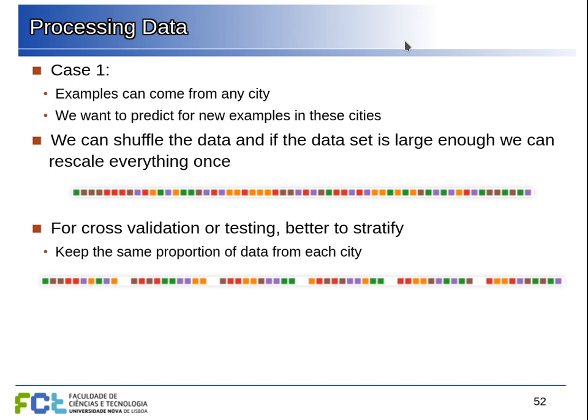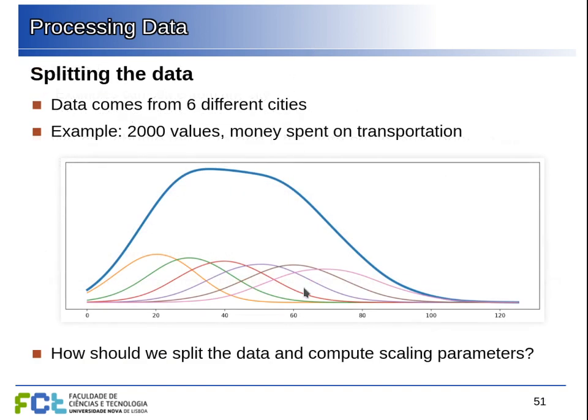So any person that can come from any city. Now we can just shuffle the data and rescale everything once, because we can assume that everything is basically coming from this distribution. Some points come from one city and others from another, but we are not making a distinction between cities, so it's like they come all from the overall distribution here in blue.